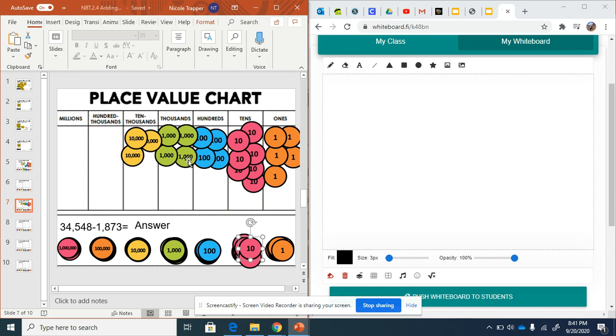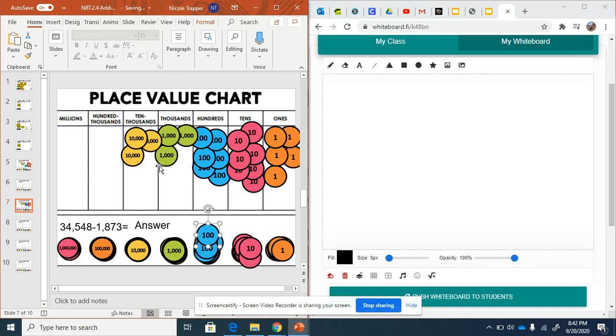I can't take away 8 hundreds, so I have to unbundle one of my thousands and put in 10 hundreds. 1, 2, 3, 4, 5, 6, 7, 8, 9, and 10. And I'm going to take away 8 of those.